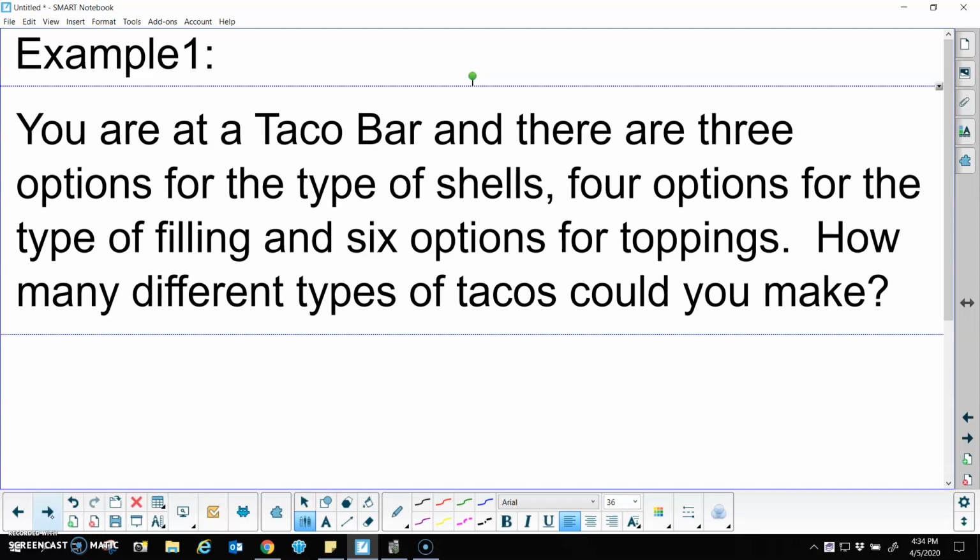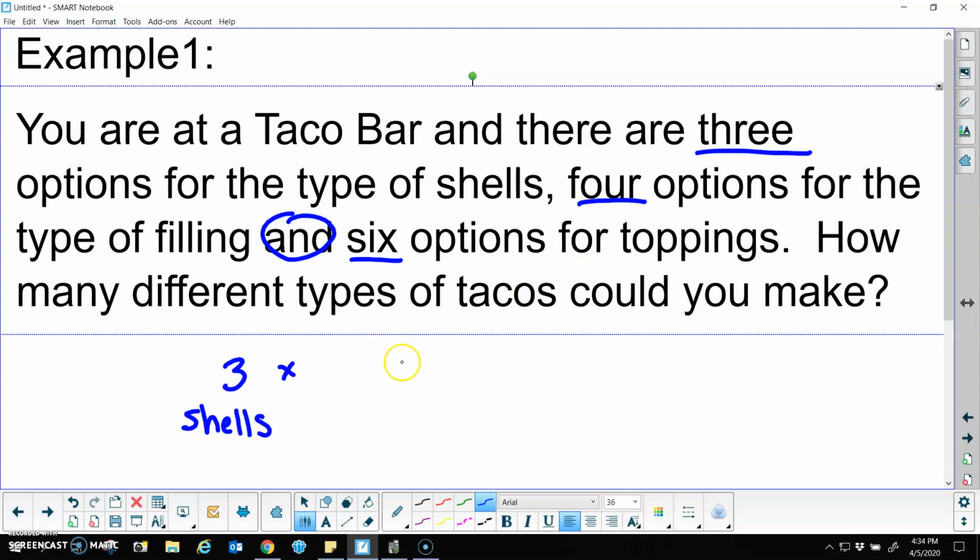So you're at a taco bar, and there are 3 options for the types of shells, 4 options for the types of filling, and 6 options for the type of toppings. Now, the question is how many different tacos we can make. How many shells? There were 3 shells. And means to multiply.